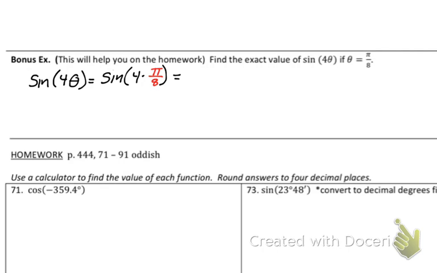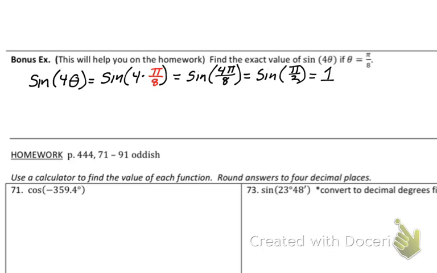That's going to equal sine of, and you could jump here to the actual answer, but I'm going to go through each step, 4 pi over 8, which is going to equal the sine of pi over 2, which we already said before is that one that's straight up, so that's 0, 1, so it equals 1.